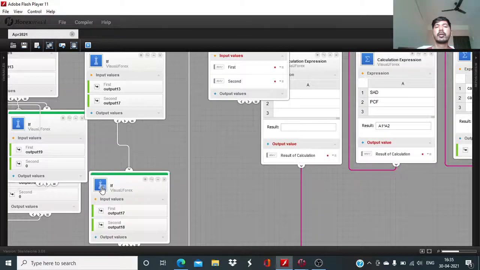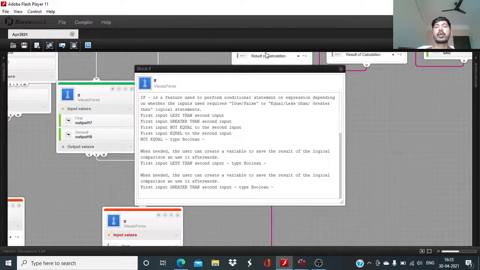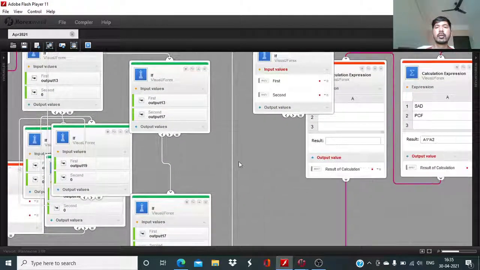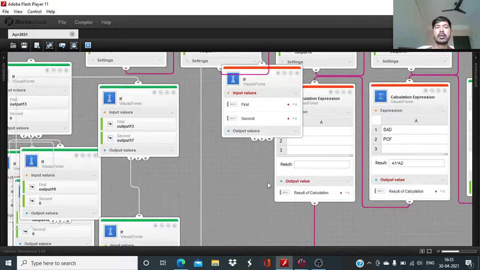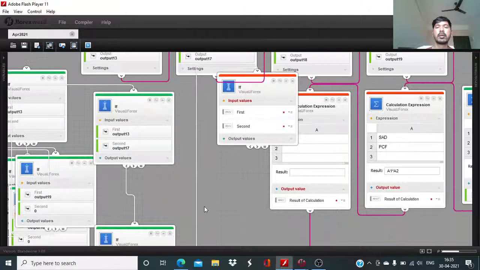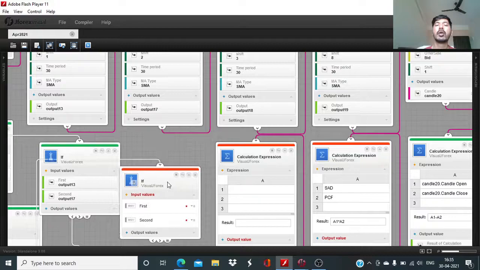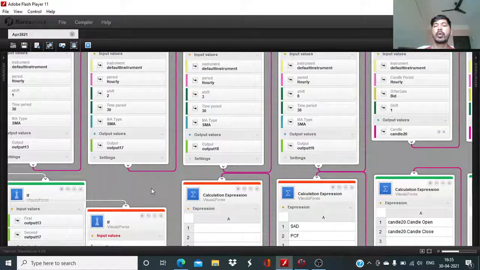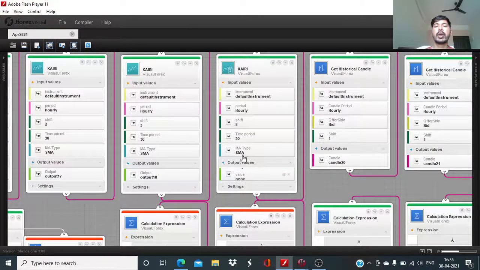And as I have said, we need to be looking at lower high. So we want output 17 to be less than output 19, which is the Kairi relative index value 8 hours back.